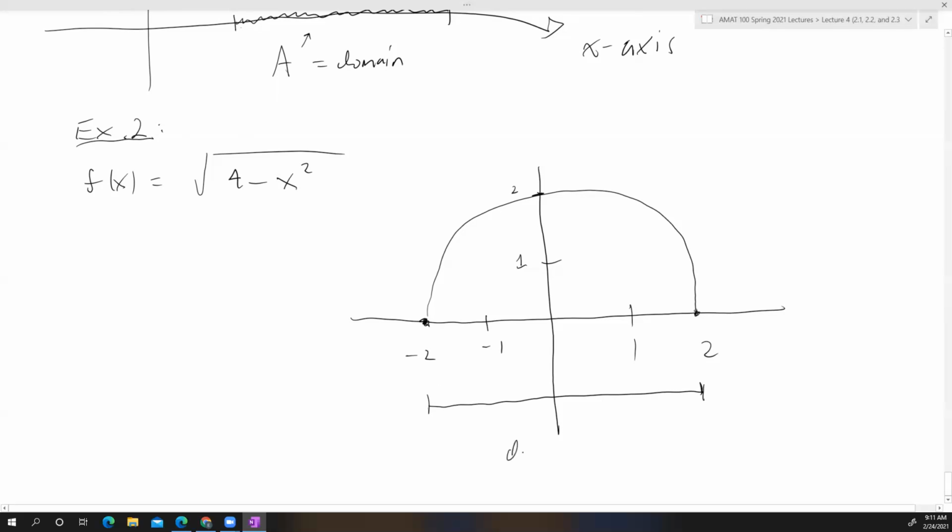The domain of f is -2 to 2, and the range is this set here, this extent right here, which is also, well, it's not quite the same set, but it's just clear from the picture that this set is given by 0 to 2. So a sort of silly example, but whatever. It's just trying to illustrate that you can get some information about the domain and range from the picture.